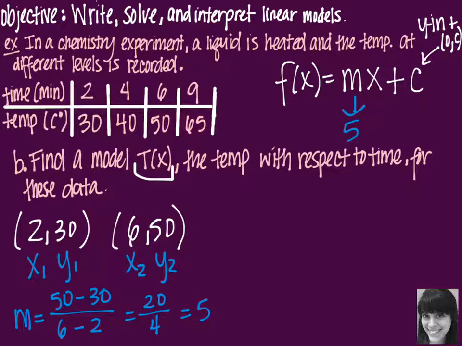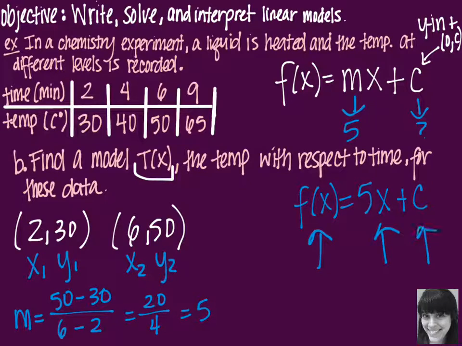Now, I need to figure out this one. Okay? So, let's look at this. I have f of x equals 5x plus c. Now, I have 1 unknown, 2 unknowns, 3 unknowns, right? And when I say unknowns, I mean there's a variable here, there's a variable here, and a variable here.